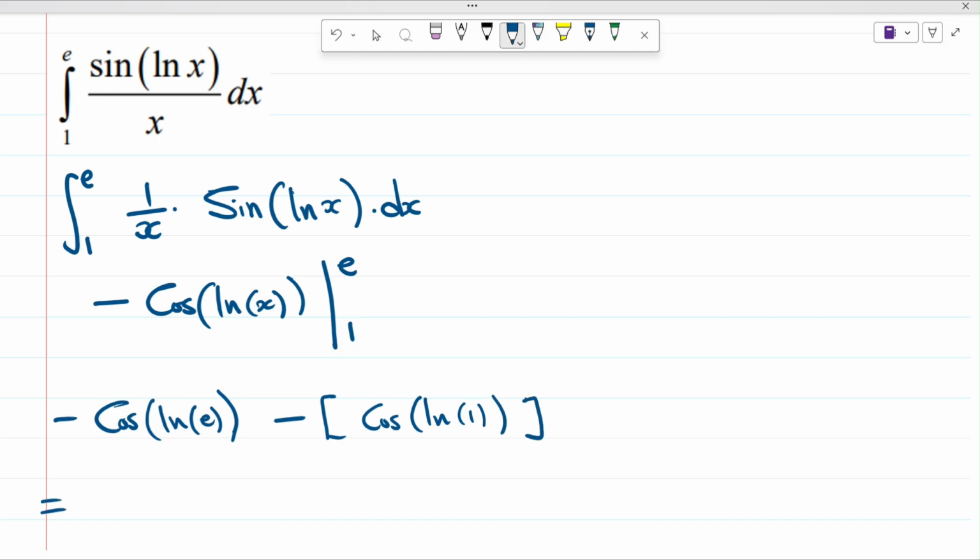Then we get our answer. So let's substitute now. Make sure your calculator is still in radians. So ln of e, I close, minus into, I forgot a negative sign here. Sorry, I forgot a negative sign here.